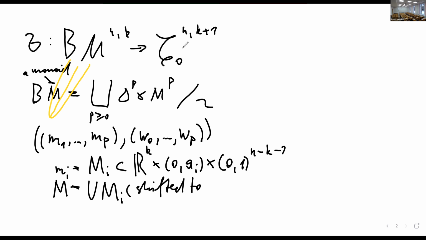So the first attempt to define the map would be just to take the manifolds Mi and stack them together.